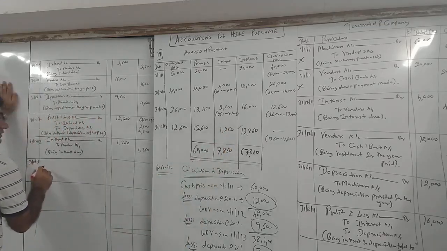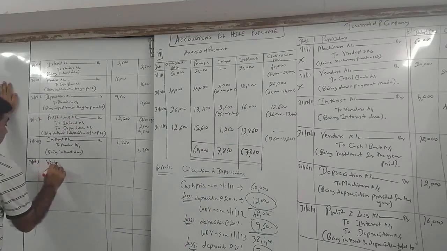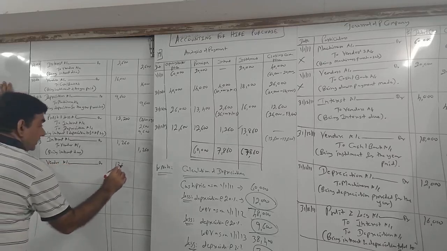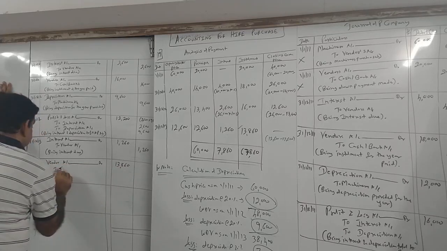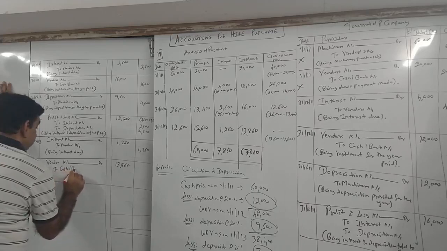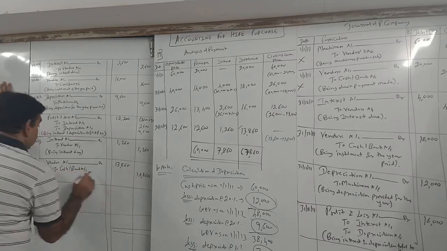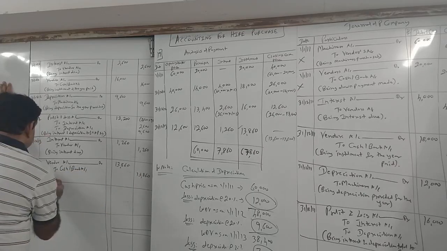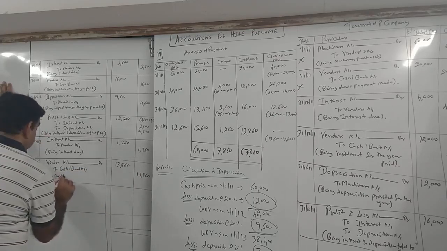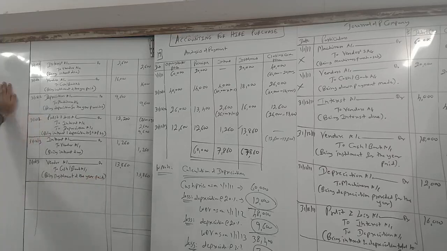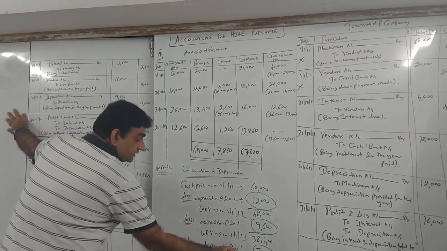So on 31st December I'll make the payment. So vendor debit 13,860 to cash bank 13,860, being installment of the year paid.